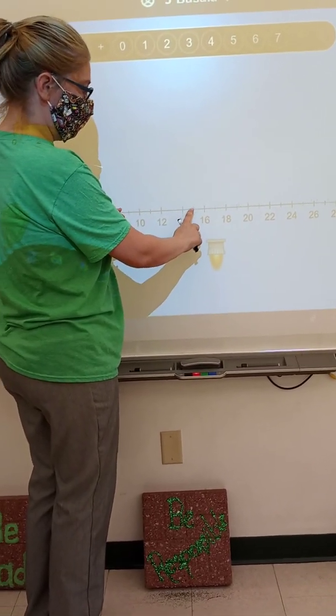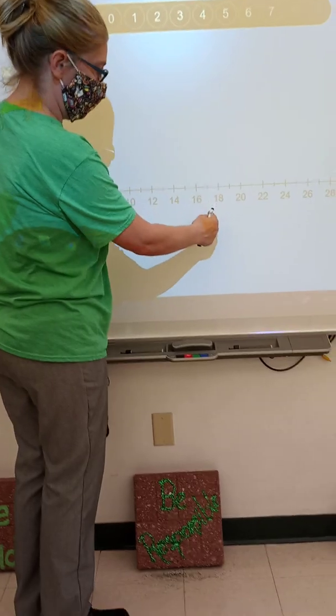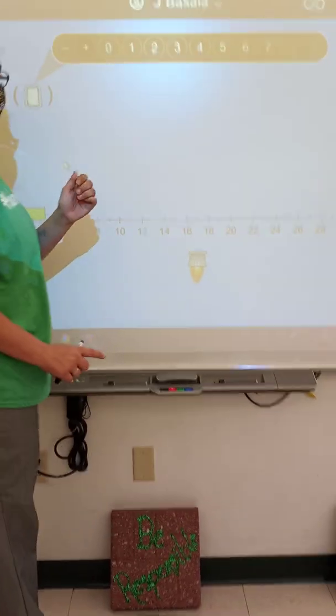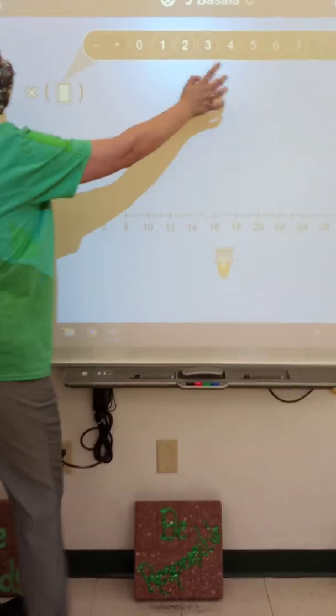So we need another 3 and a half. 1, 2, 3 and a half. So we need 5 3 and a halves.